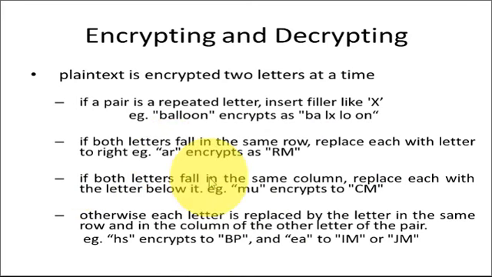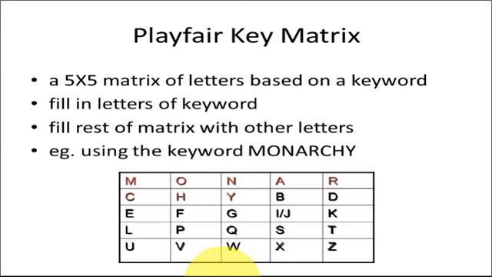If both letters fall in the same column, replace each with the letter below it. Example: MU is encrypted to CU. Here M and U occur in the same column, so we take the letter below each.